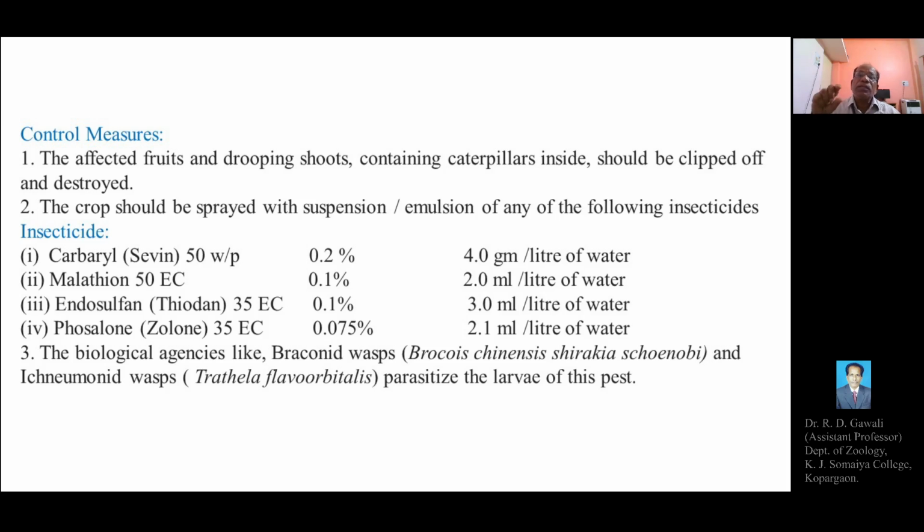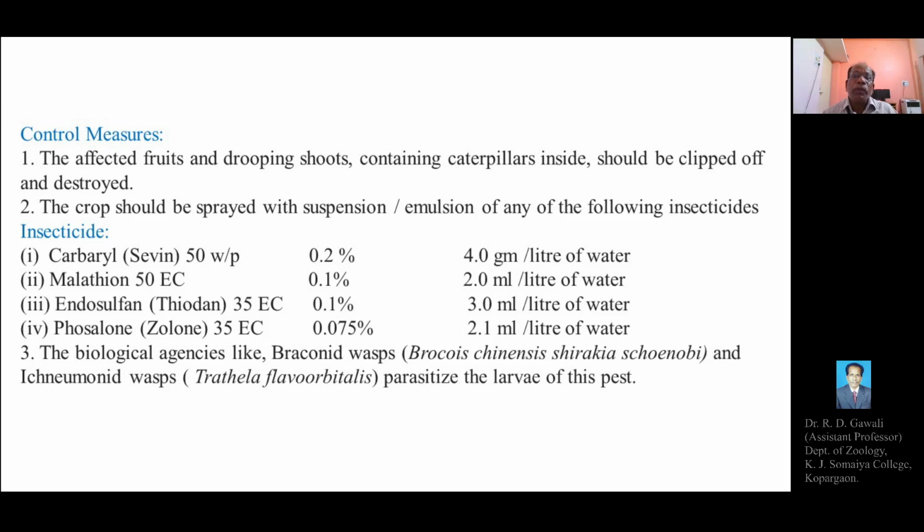So this is the concentration of the carbaryl so as to prepare the 0.2% suspension. Carbaryl is a wettable powder. So when we mix the powder in the water, that will form a suspension. When powder pesticides are mixed or dissolved into water, the solution prepared is called a suspension.